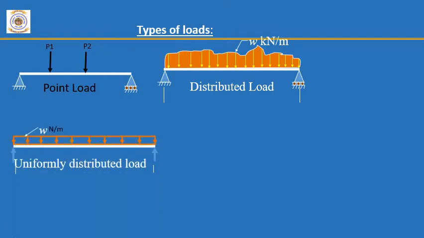These distributed loads are classified into two types. One is a uniformly distributed load, another one is uniformly varying load. Let us consider the first one, uniformly distributed load. In a uniformly distributed load, the load is spread over a beam in such a manner that the rate of loading is uniformly acting along the length.